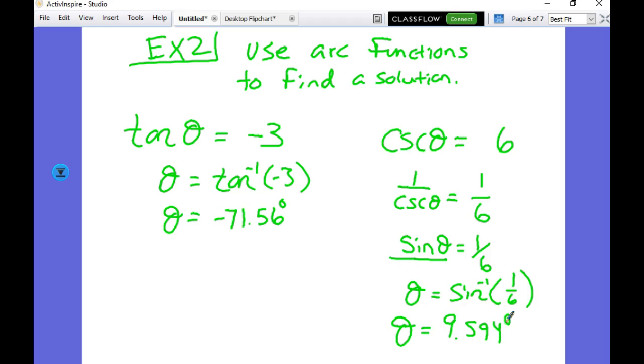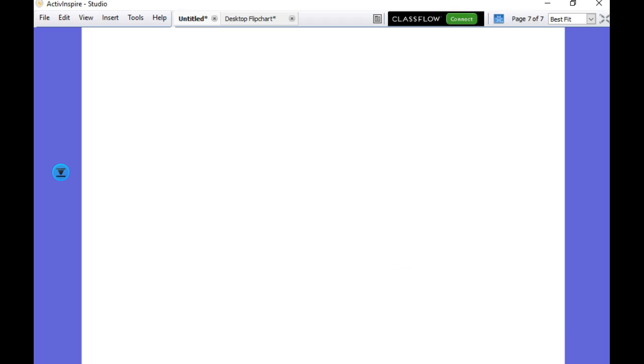All right, so that's solving trigonometric equations. Here's the point: when you have this sort of stuff, just arc tangent, arc sine, or arc cosine on the other side. But if you start with one of the weird ones, convert them first to sine, cosine, or tangent so you can use the calculator. So let me throw a couple at you and see how you do.